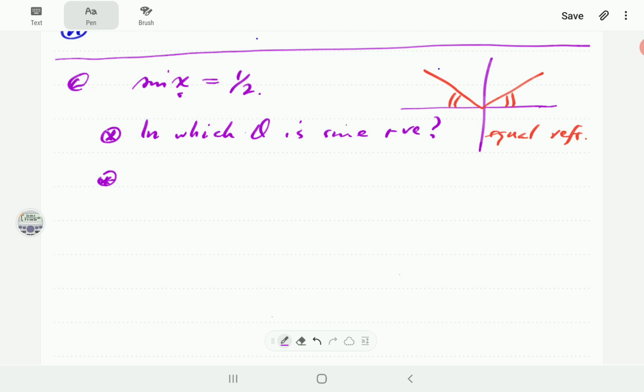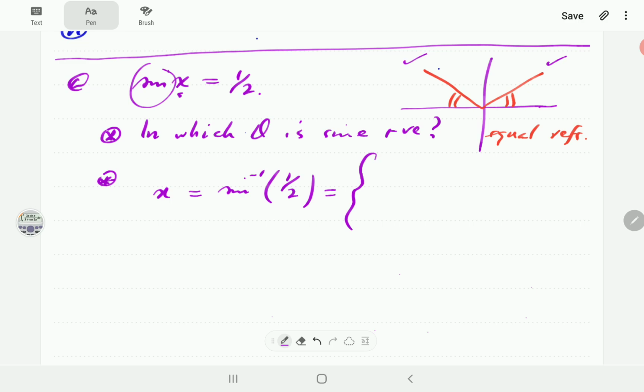So by making x the subject of the formula, we have got to transpose sine to the right hand side. So that means it's going to be inverse sine 1/2.